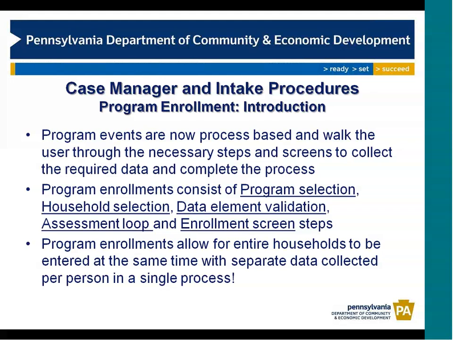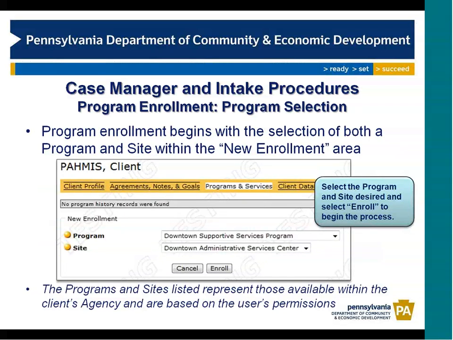There's the data element validation, and then there's the assessment loop, and the final enrollment screen steps. We'll go through each one of those. And with the household, it doesn't matter if you're doing 1 person, 2 people, or 10 people, the system will support and dynamically build screens depending on how many people are included in this specific enrollment.